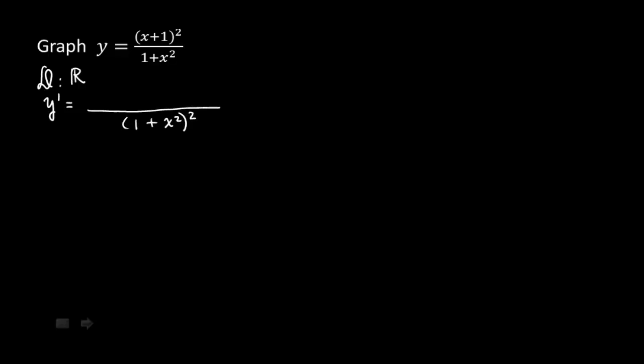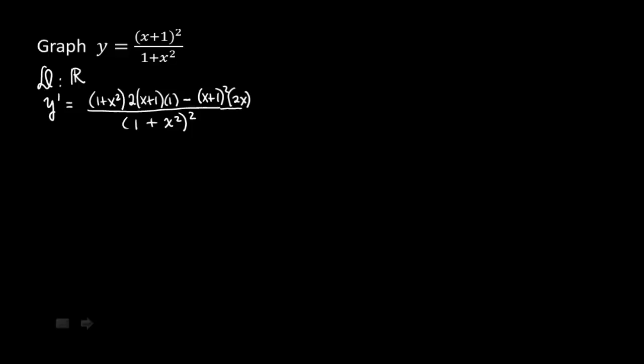Then low d high: the bottom times the derivative of the top, which is 2 times x plus 1, and I'm going to put the 1 here so we remember we use the chain rule, because if there's a coefficient other than 1, you'll forget. Then less high d low: the top, x plus 1 whole thing squared, multiplied by the derivative of the bottom, which is 2x.